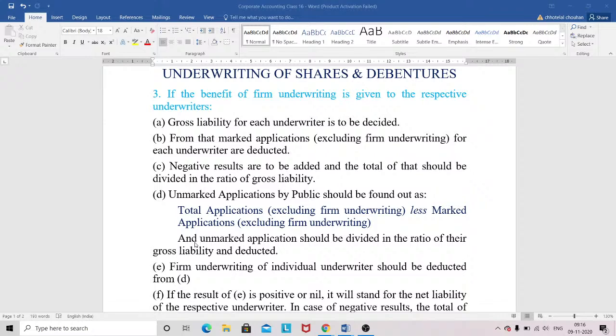One thing you can also do: total application including firm underwriting less marked application including firm underwriting.